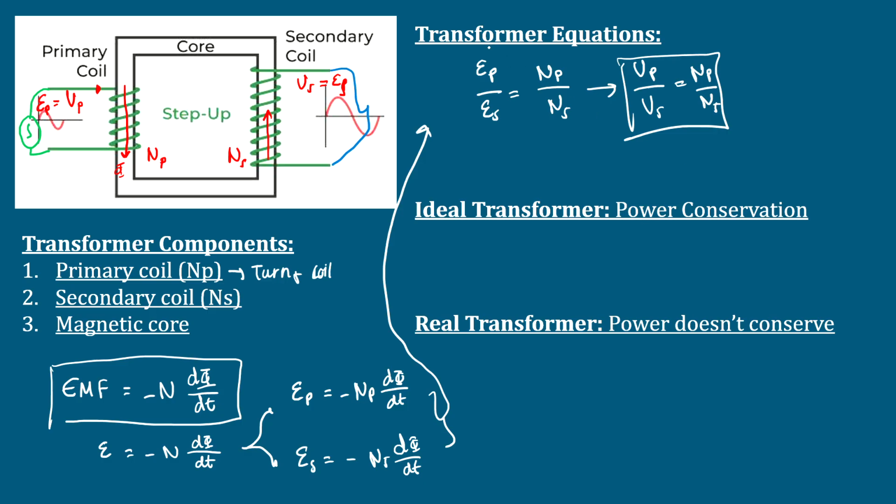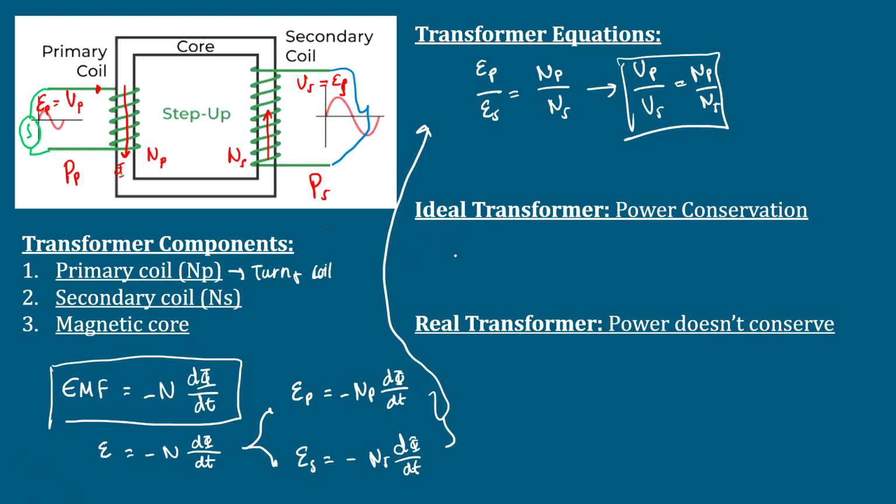Based on this transformer equation, we can also derive the concept of power that is dissipated or stored in both circuits, the primary circuit and the secondary circuit. For the primary circuit, we will have PP, or primary power, and on the right side, we will have PS, or secondary power.